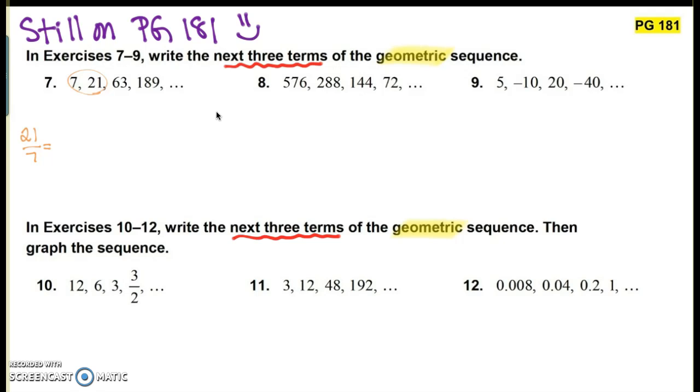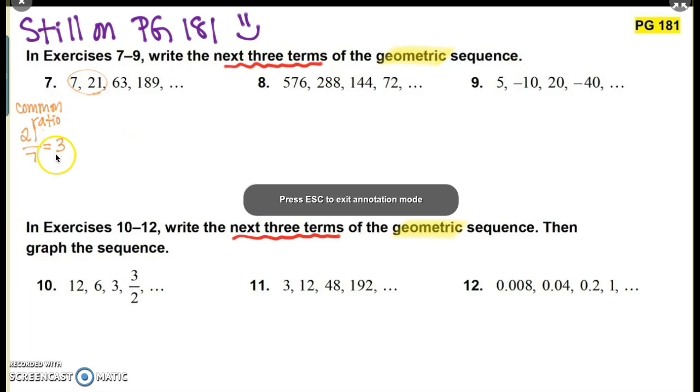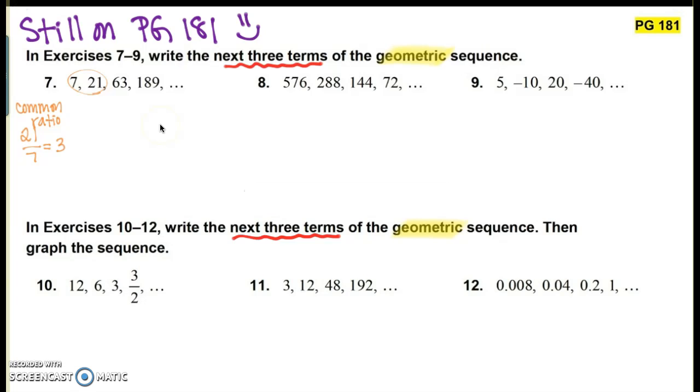And so this is 3. Now, this 3 actually has a name, and that name is the common ratio. As long as the common ratio, the number we're multiplying by, is the same for each term, that is what makes it geometric.